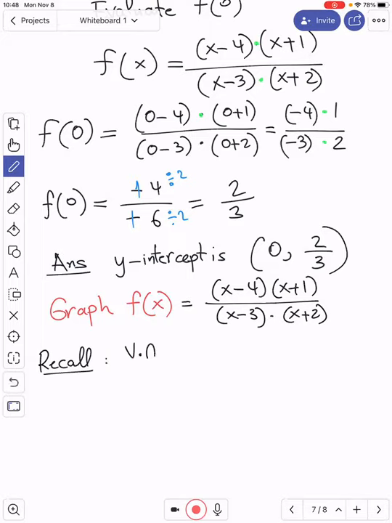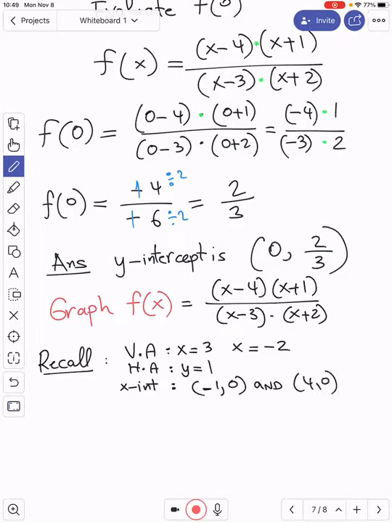For the vertical asymptotes, we got x equals positive 3 and x equals negative 2. Horizontal asymptote, we got y equals 1. X-intercepts, we got (-1, 0) and (4, 0).